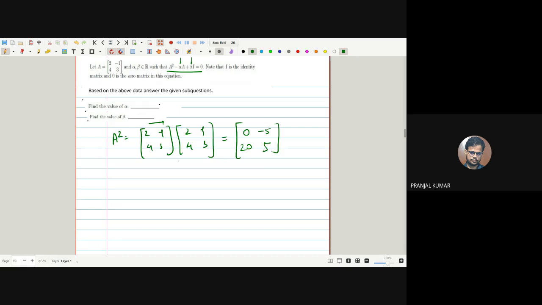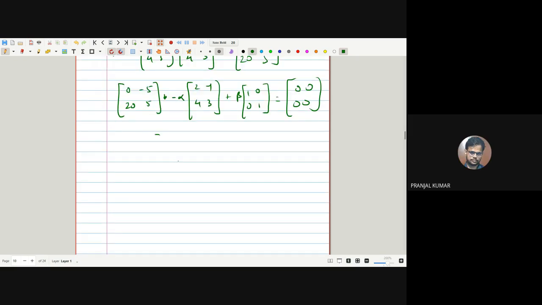Now just place it in this equation. So A square minus 5 times A, A square is this, right? 25, minus alpha times A, which is [2, -1; 4, 3], plus beta times the identity matrix is equal to the 0 matrix. Just equate it.